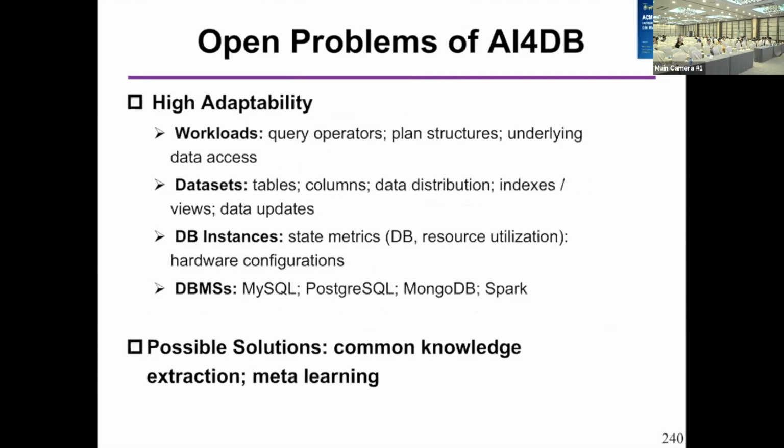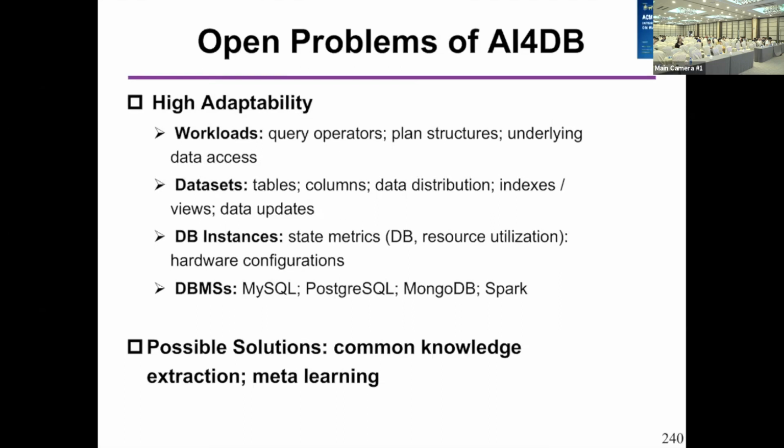And the next one is high adaptability. For example, can we adapt the method to different workloads? For example, different core operators and different plan structures. Adapt to different data sets, different database instances, and different database systems. So we may use some machine learning and transfer learning techniques to transfer one scenario to another scenario.